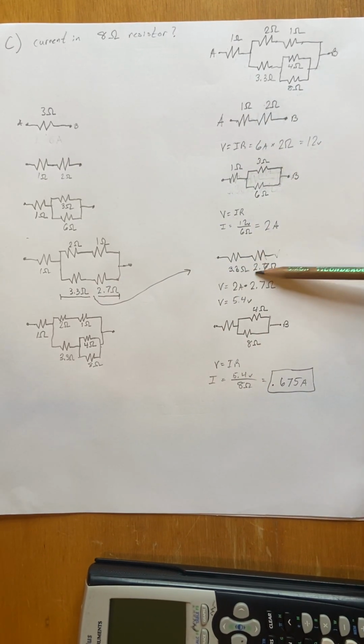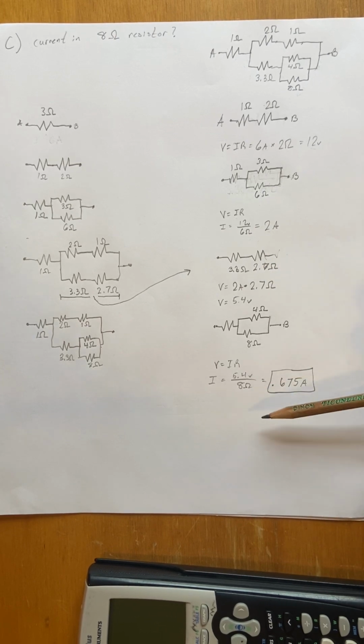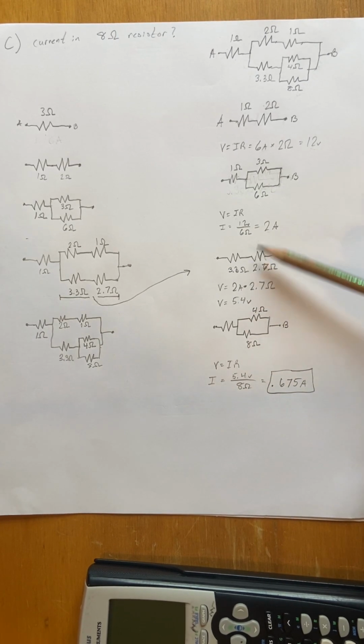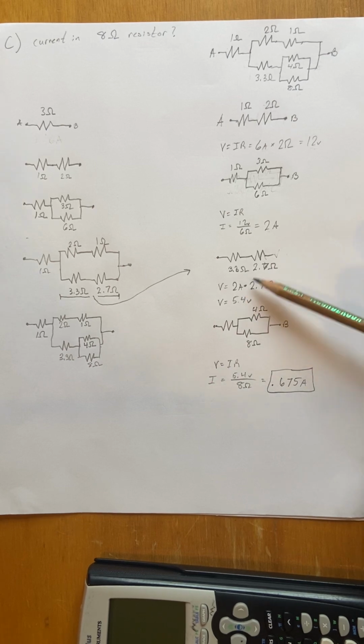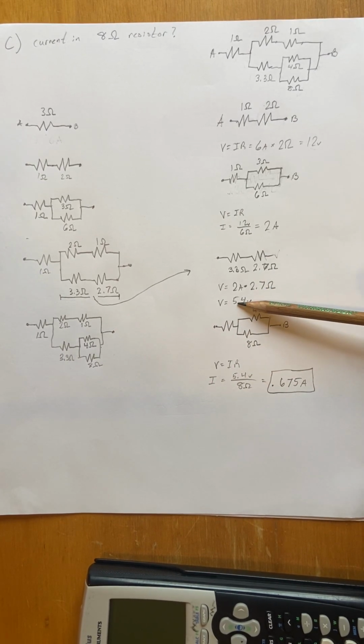which we got from this right here. And we want to find now the voltage drop across this 2.7 ohm resistor. Since we know the current going through these two, we can find the voltage across this, and we find it to be 5.4 volts.